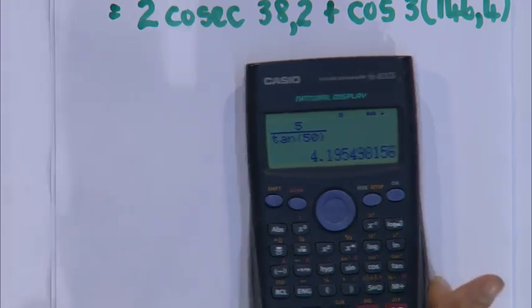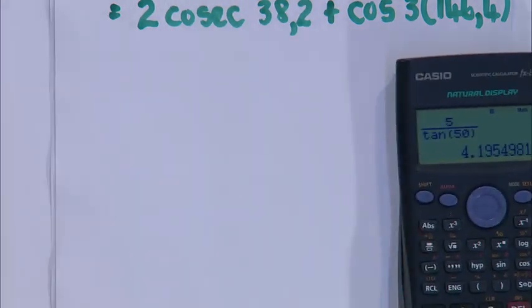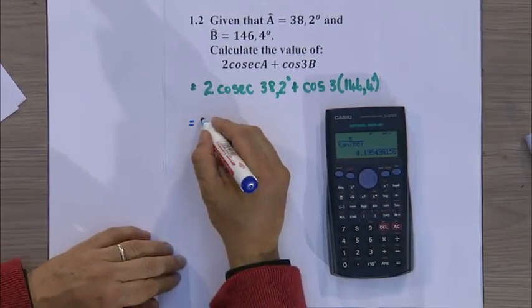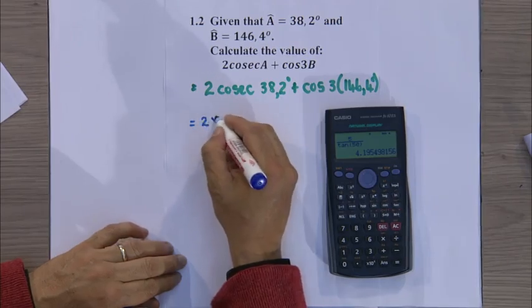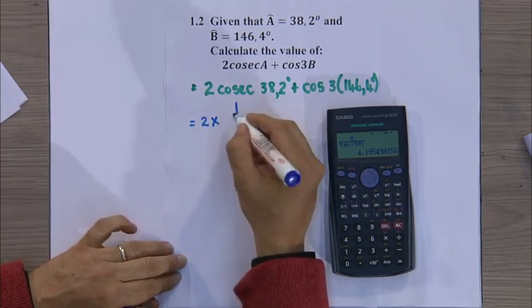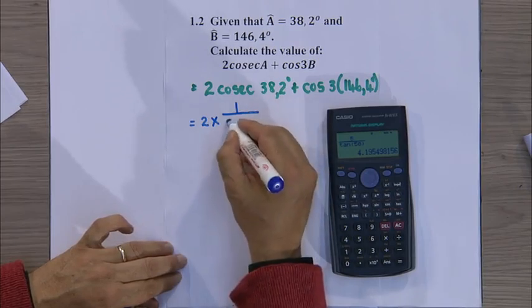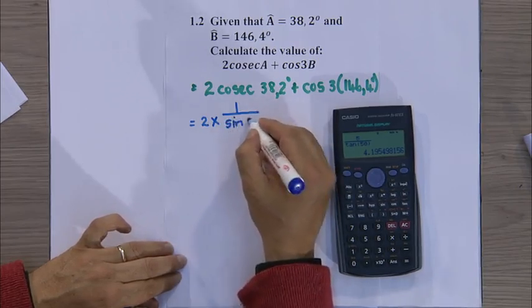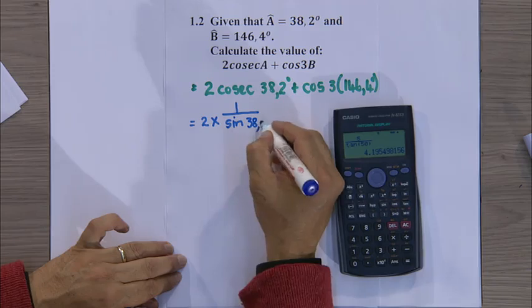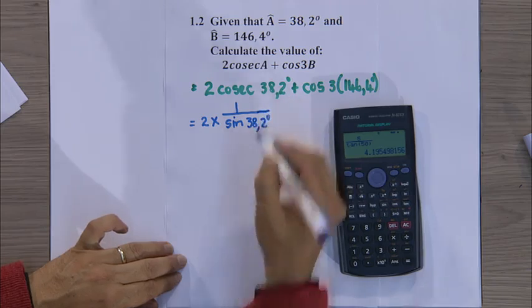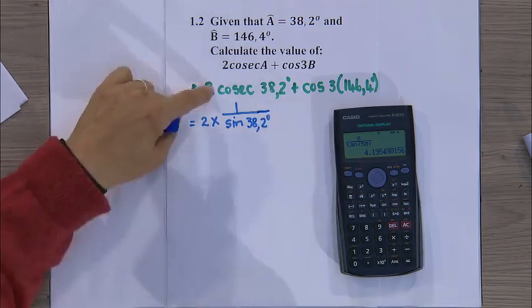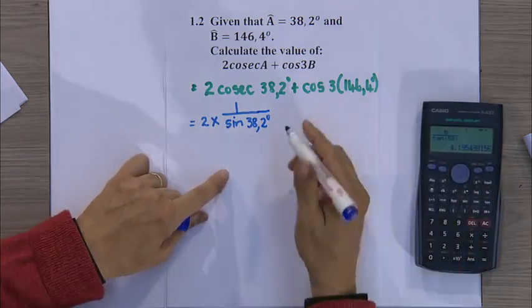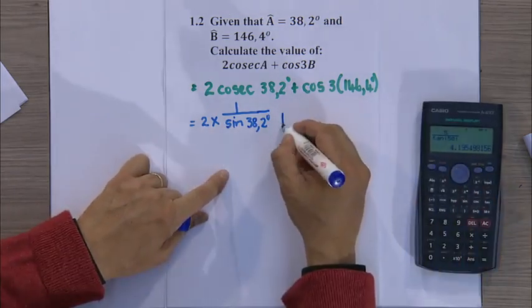Now, if I just have to write that into another form, we can write 2 times cosec as 2 times 1 over sine of 38,2 degrees. You see? Remember, cosec means 1 over sine, and then we have plus.